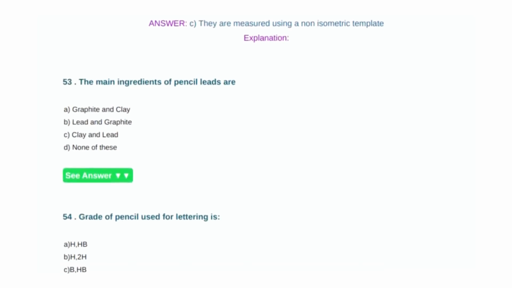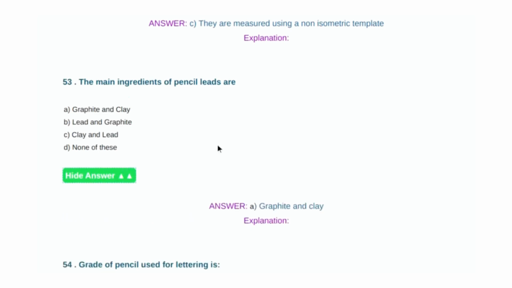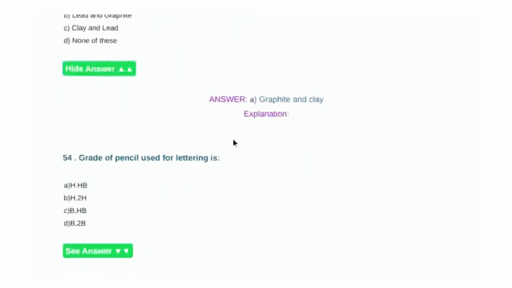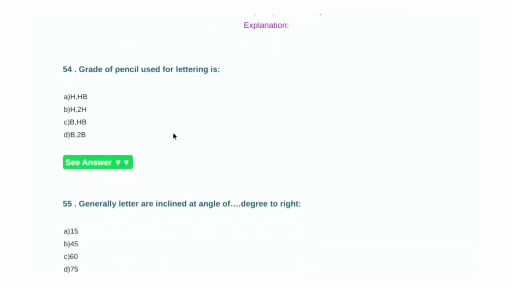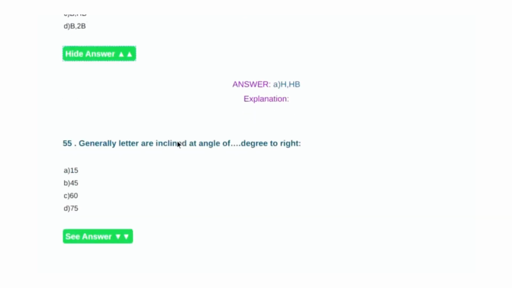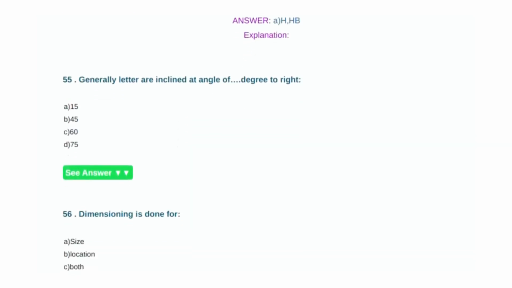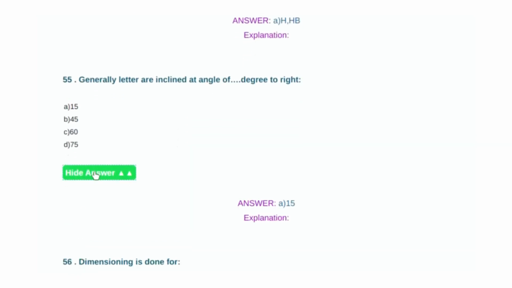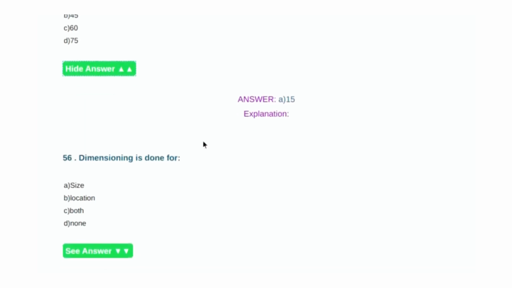The main ingredients of pencil leads are graphite and clay. The grade of pencil used for lettering is... Generally, letters are inclined at an angle of 15 degrees to the right.